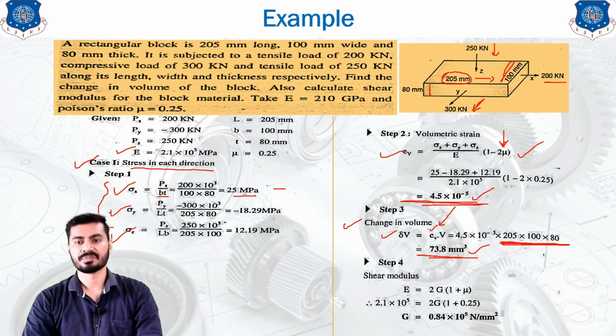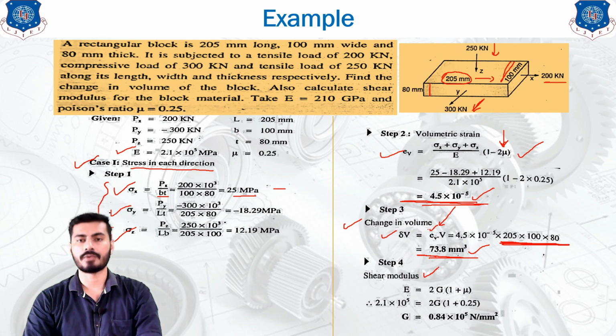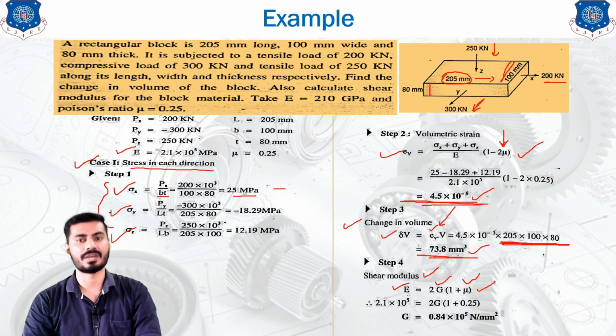Now our last step is to find the shear modulus. The shear modulus can be found using the relation between E, G and mu: E equals 2G into 1 plus mu. You should remember this equation thoroughly so that you can apply it whenever required.